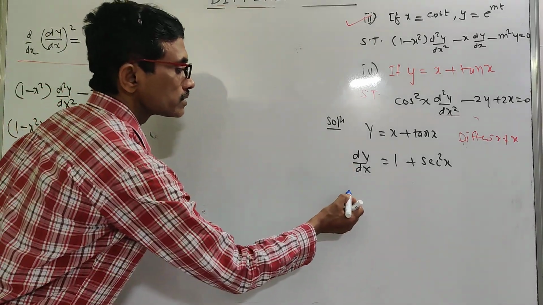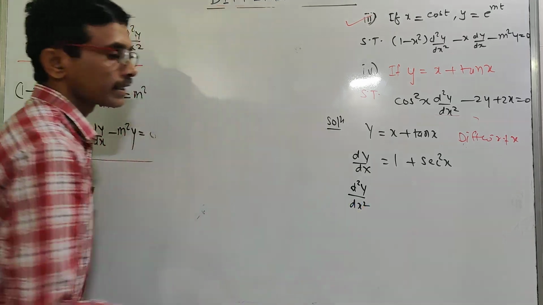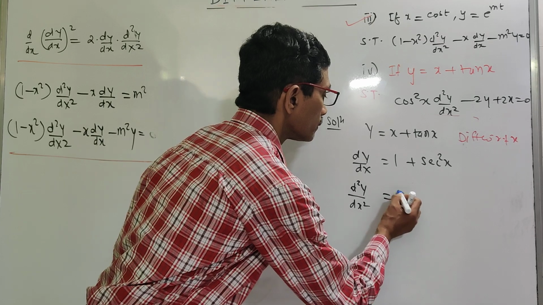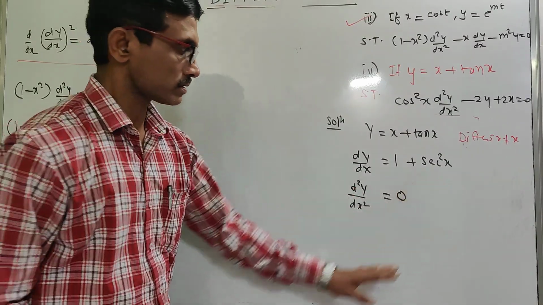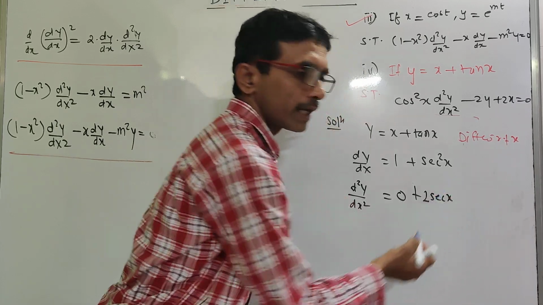So derivative of this, d square y by dx square, this is second order derivative. Derivative of 1 is 0 and derivative of sec square x, it is 2 sec x into derivative of sec x.